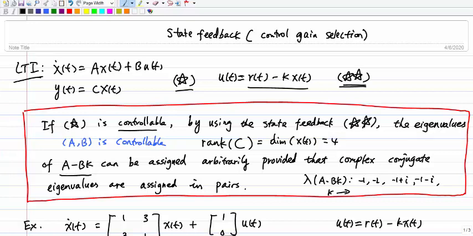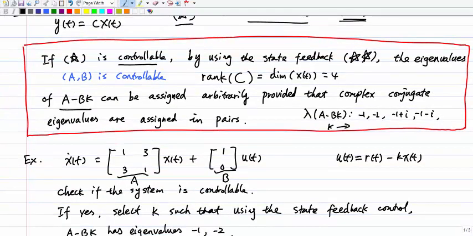Now how do I determine these control parameters? I'll show you an example of how we do that. Let's say I give you a linear time invariant system given by x dot t equals [1 3; 3 1] times x(t) plus [1; 0] times u(t), which means my A matrix is [1 3; 3 1], a 2 by 2 matrix, and B is [1; 0], 2 by 1, a column vector.